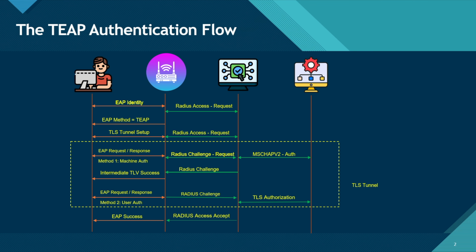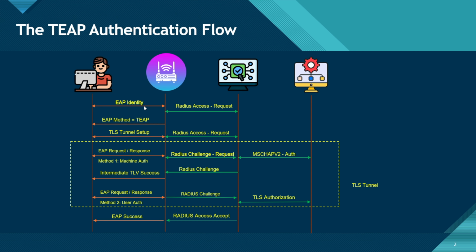Now let me draw the actual authentication flow. This is what happens on the wire when a Windows PC connects to your enterprise SSID using the EAP-TEAP protocol. Step 1: the client sends an EAP identity response.